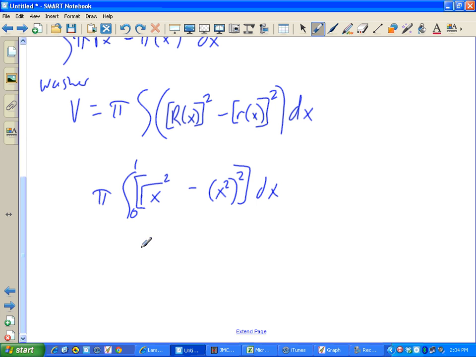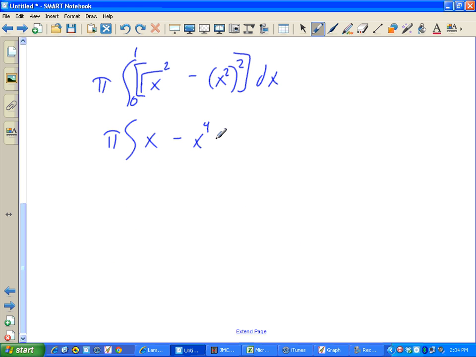So I'm integrating. This just turns into x minus, this turns into x to the 4th.